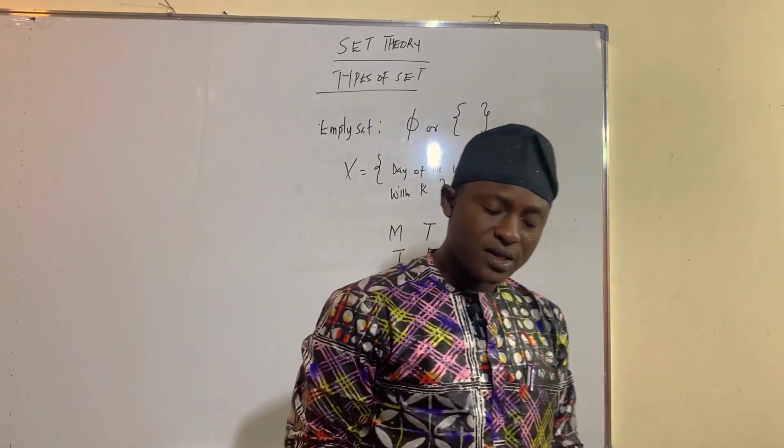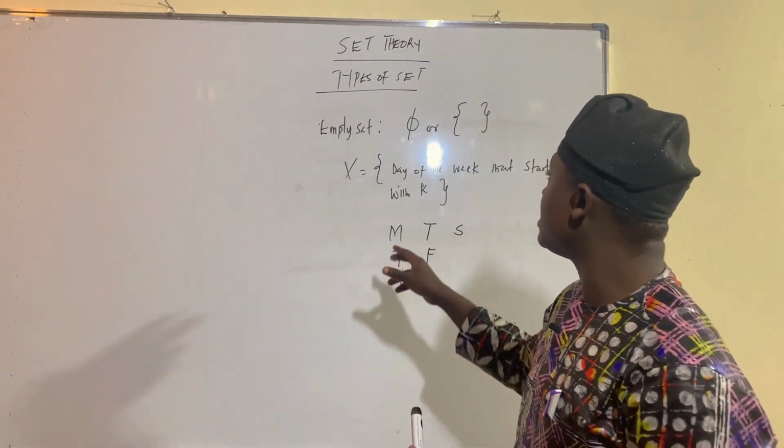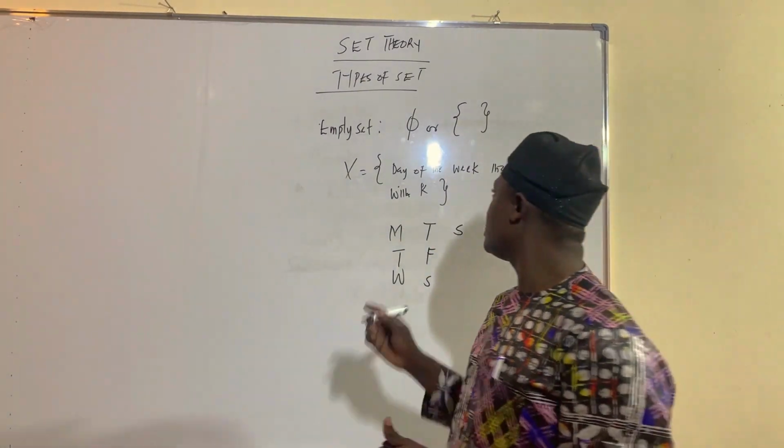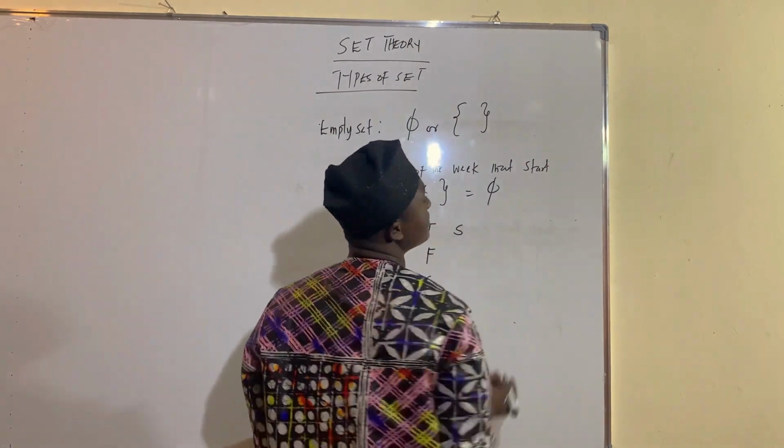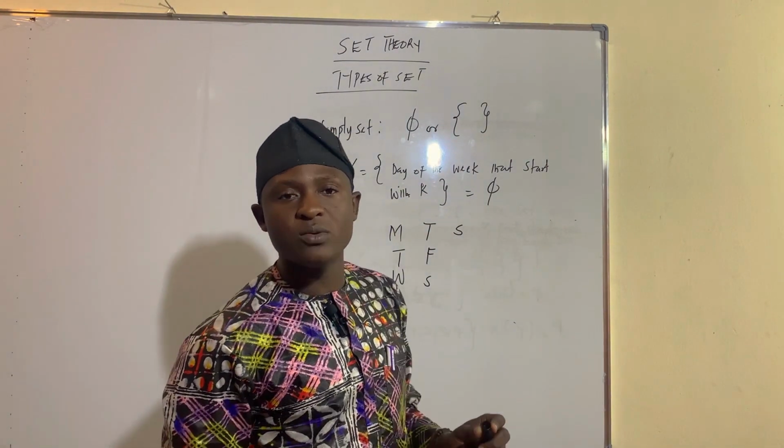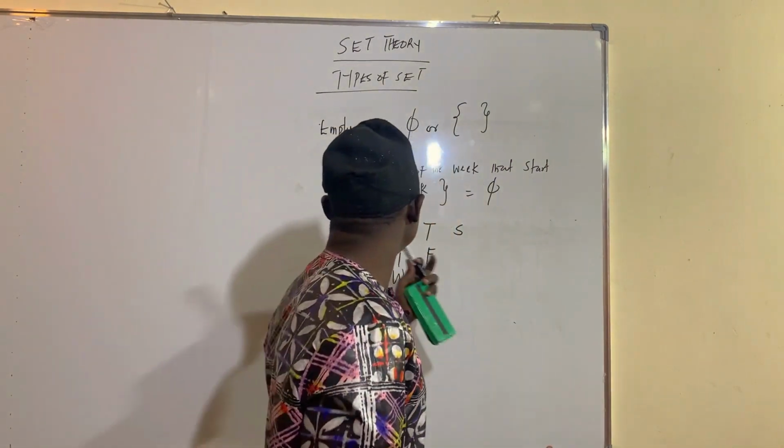Clearly, there's no day of the week that starts with K. So that means this one is an empty set. When we don't have any element in a particular set, it's what we call an empty set.